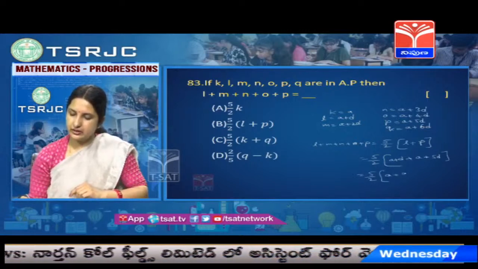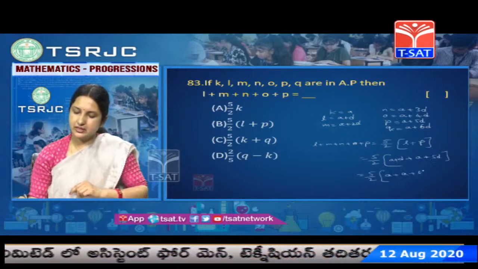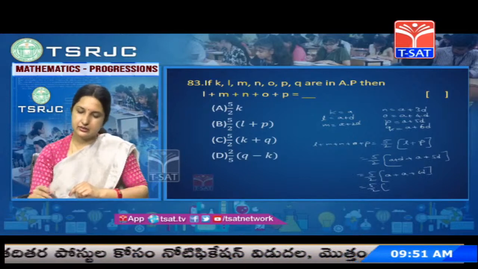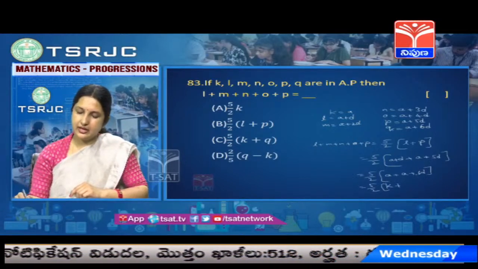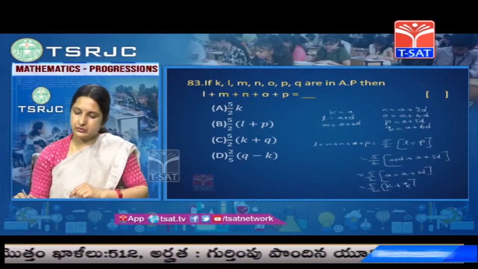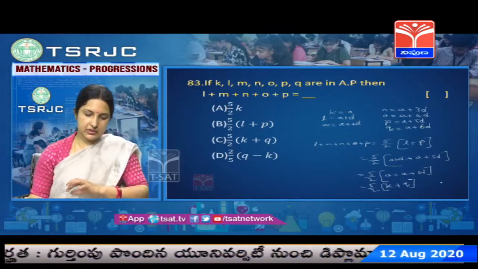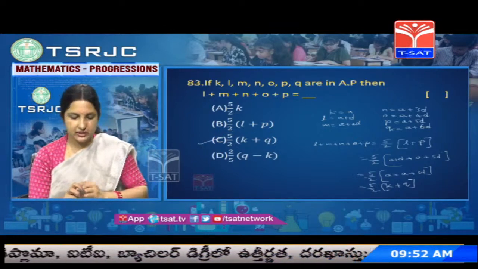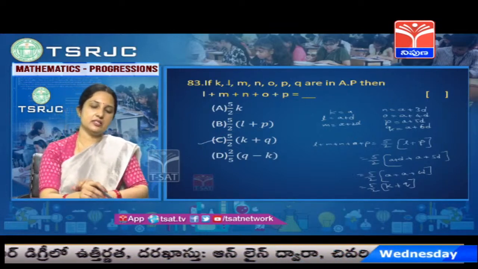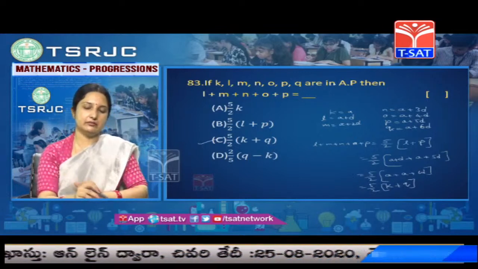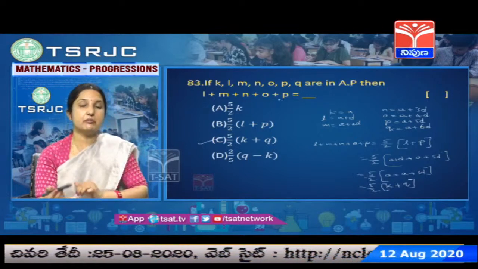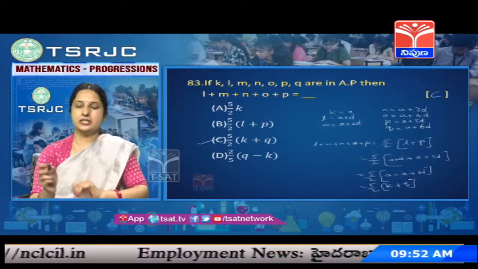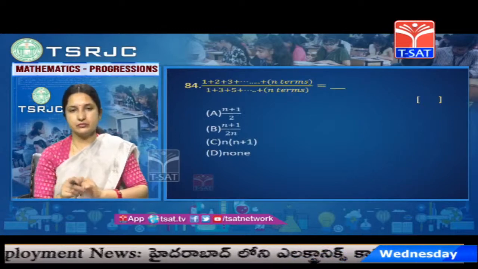A plus 5D plus D, 6D. So 5 by 2 into A means K, and A plus 6D means Q. So 5 by 2 into K plus Q. This is the correct one. If you write 5 by 2 into L plus P, this will not be correct, because these are in AP, so the sum is according to this. So option C is the correct one.